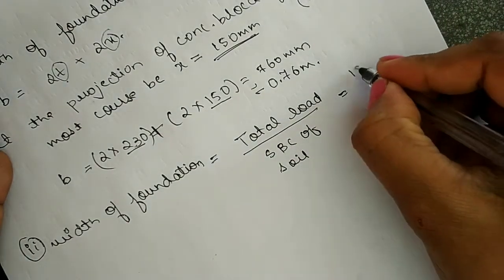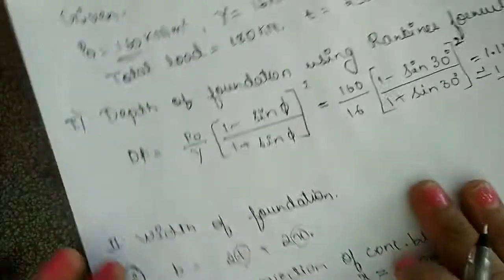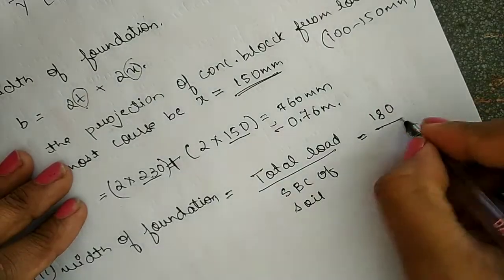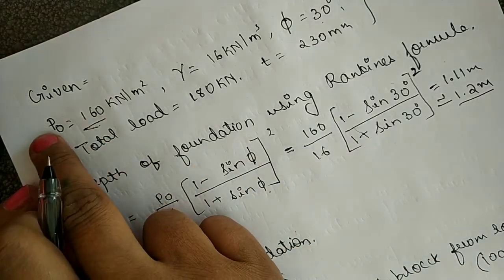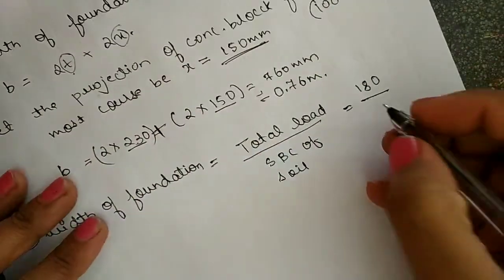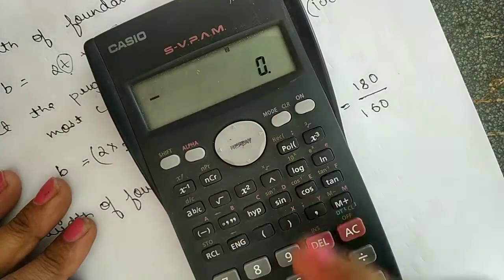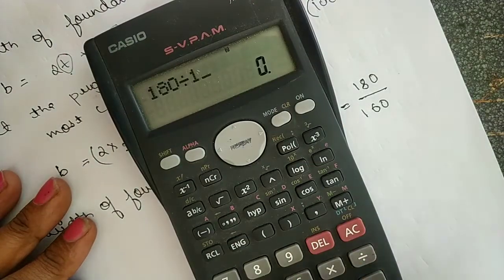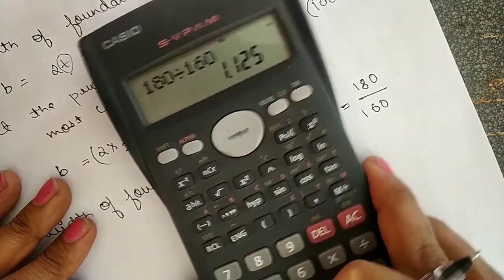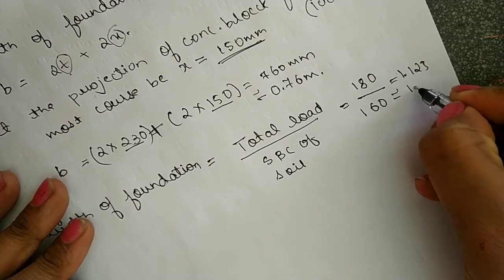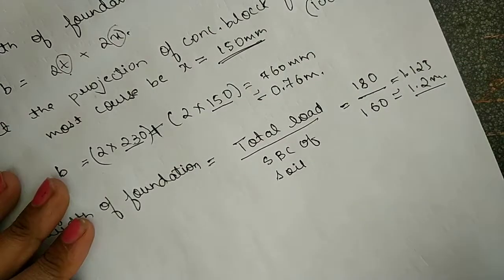Total load is 180 kilonewton, divided by SBC, which is P0, 160 kilonewton per meter square. So 180 divided by 160 gives 1.125. You can call it 1.2 meter.